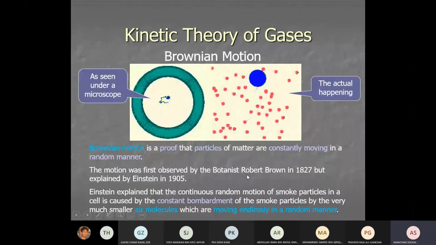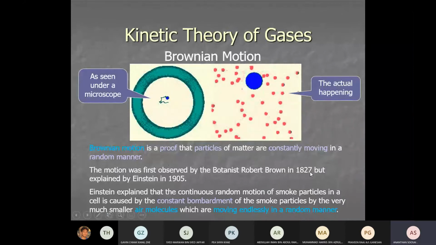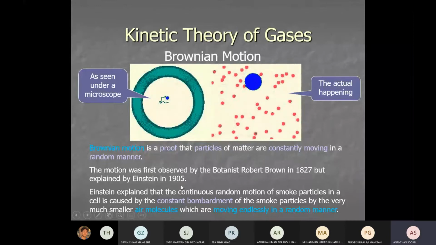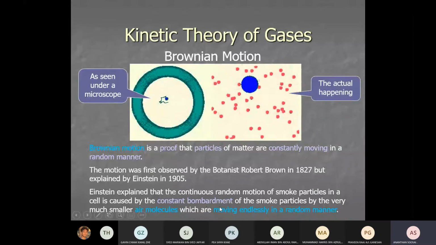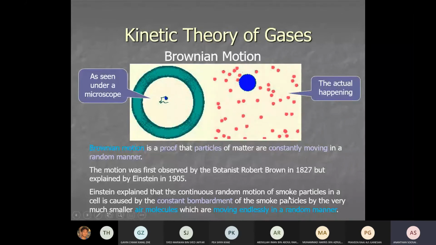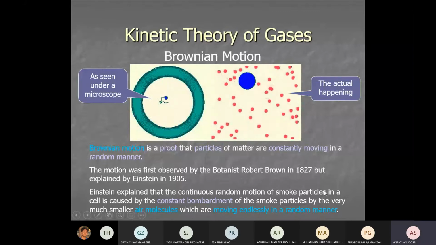The motion was first observed by Robert Brown in 1827, and later explained by Einstein in 1905. Einstein explained that the continuous random motion of smoke particles in the cell is caused by the constant bombardment of the smoke particles by very much smaller air molecules, which are moving endlessly in a random manner.